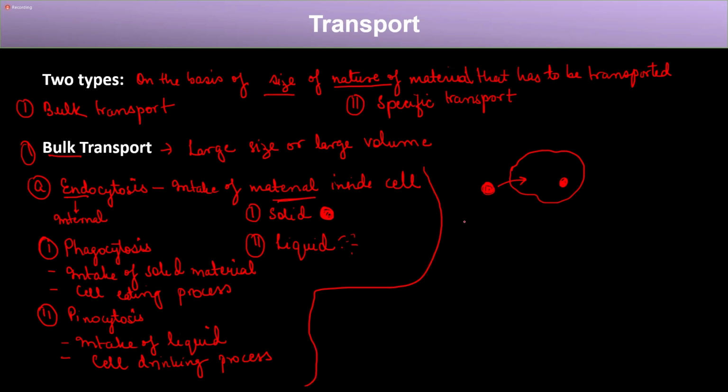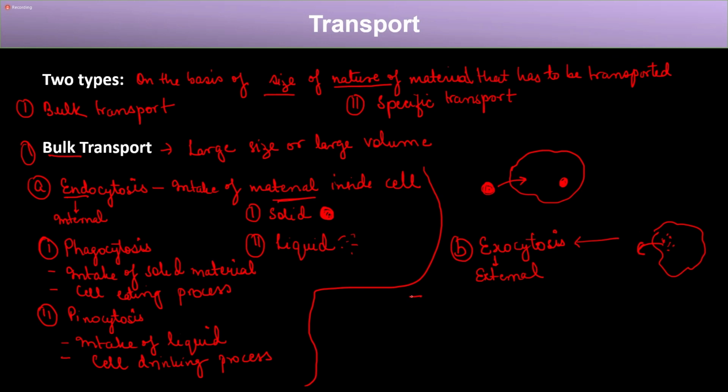Now there is a second type of bulk transport, and that is called exocytosis. Exo means external. So suppose a cell has something inside it and wants to secrete it out, then this process is called exocytosis.